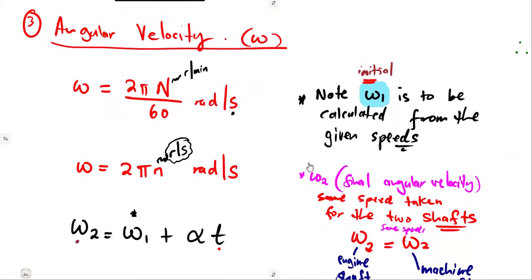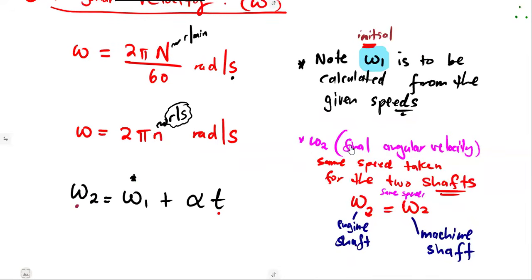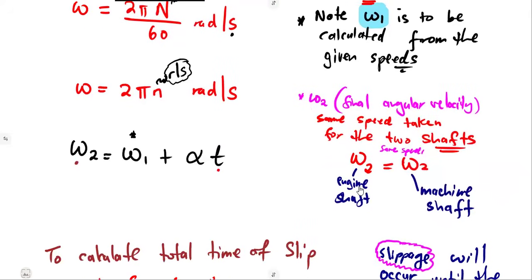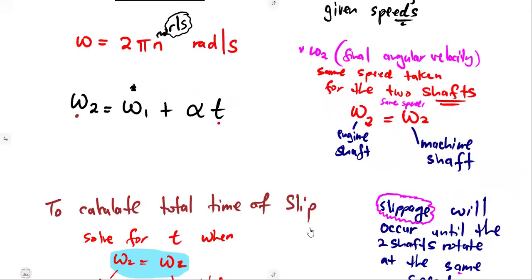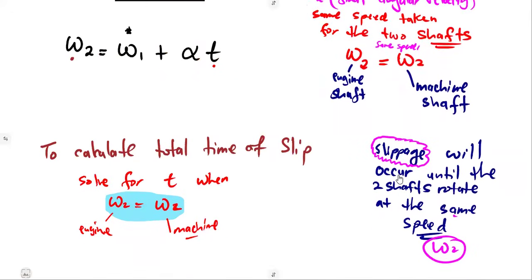It states the final angular velocity must be the same for the two shafts when we have the slip, where we talk about the slippage and calculate the total time of slip that is going to be needed.